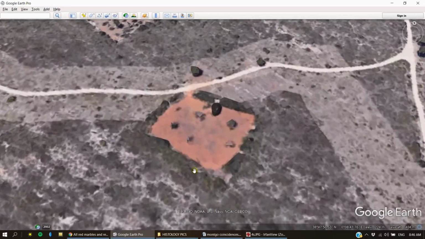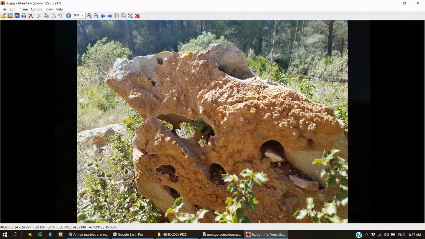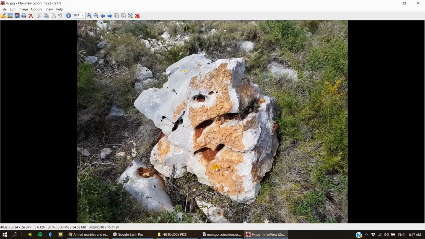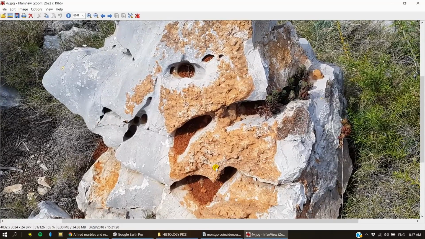You can see the trees and the rich red color of the soil. And again, you can see here that everywhere there's a channel, there's reddish blood.